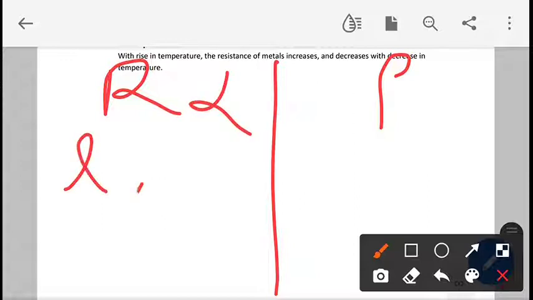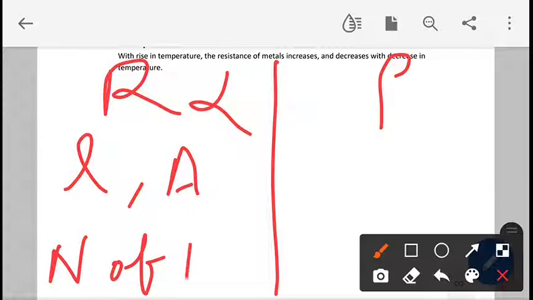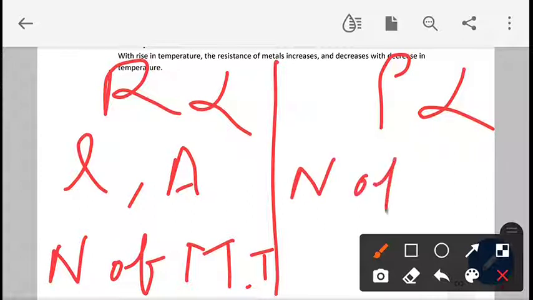Resistance depends upon length, cross section area, nature of material, M for material, and temperature. But resistivity depends upon the nature of material and temperature only. So this is the difference, keep it in your mind. This is what is most important.